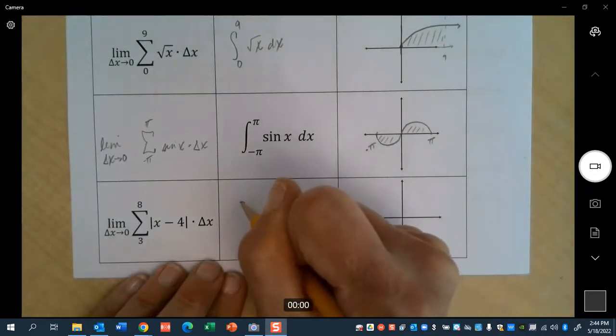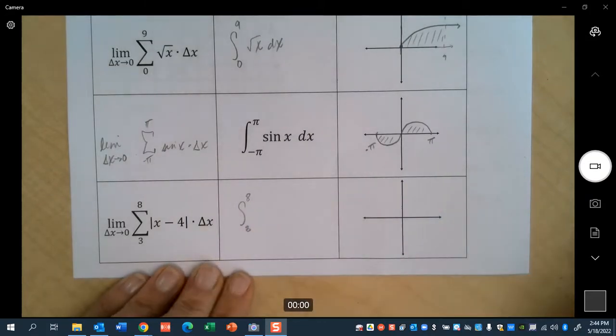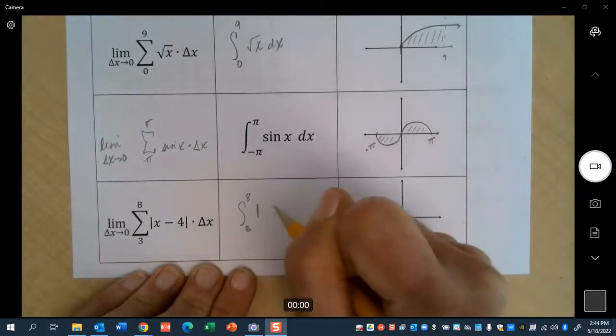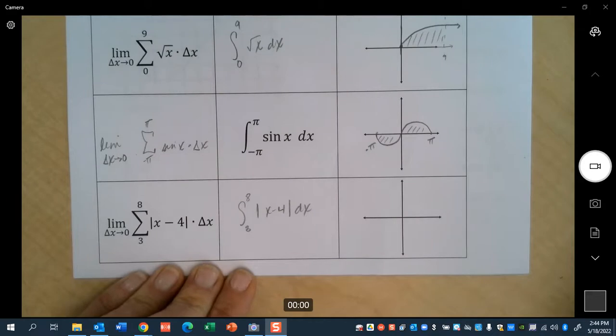If I want to find the integral from 3 to 8 of my absolute value function, change of x is teeny tiny.